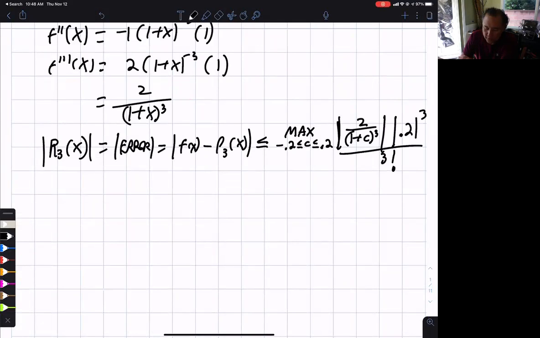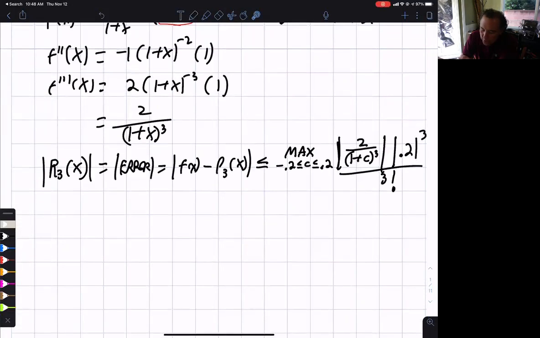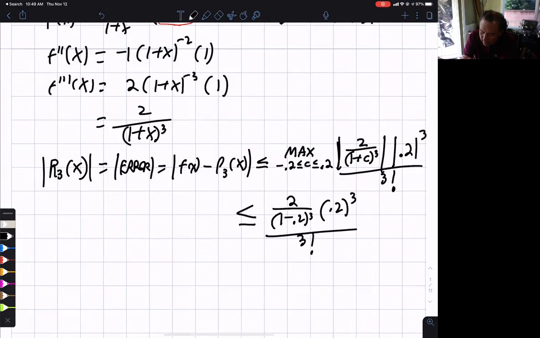Okay, now we have to use our thinking caps. When is a fraction the biggest it could be? You should say when the denominator is the smallest it could be, right? So when is it going to be the smallest? I claim at negative 0.2, because that makes it smaller since you're subtracting. So I claim this is less than or equal to 2 over (1 minus 0.2) cubed times 0.2 cubed over 3 factorial.